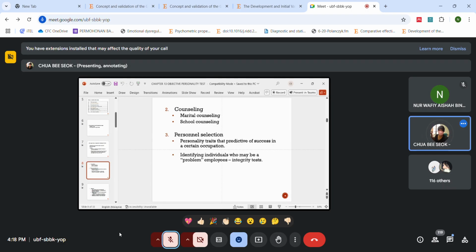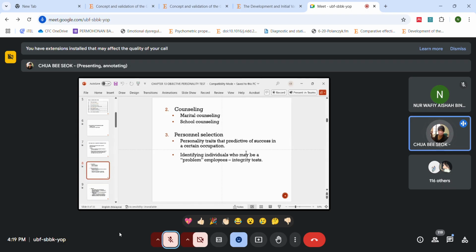So beside counseling, personnel selection, yeah, in personnel setting, they also use personality test to help in the assessment of personality trait, to predict other variables, organizational behavior in personnel setting, yeah. Or the personality test is normally also used to identify the individual who may be a problem employee.